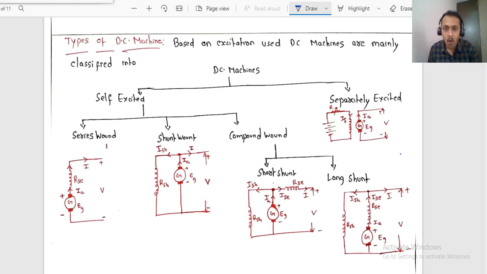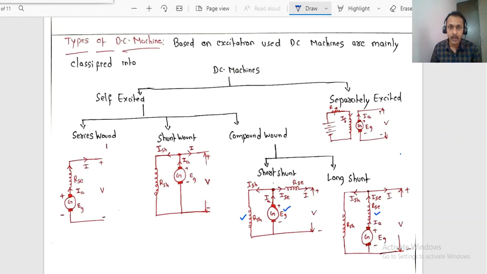In compound wound, if it is short shunt, this RSC is in series with the load terminals, and of course RSH is in parallel with the armature. In long shunt, the RSC series field winding is in series with the armature, and the shunt field winding is parallel to the combination of armature and series field winding resistance.